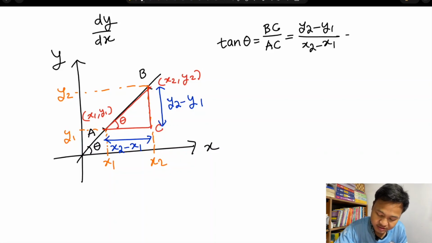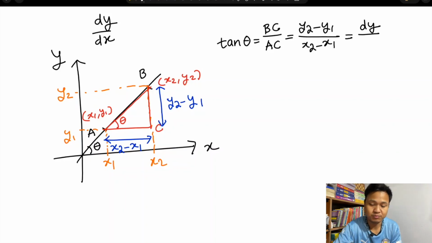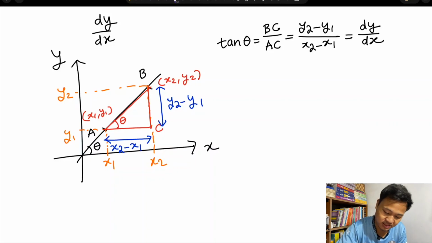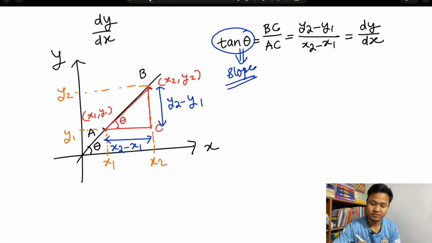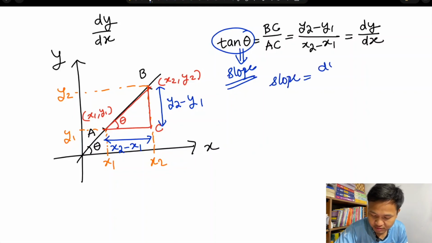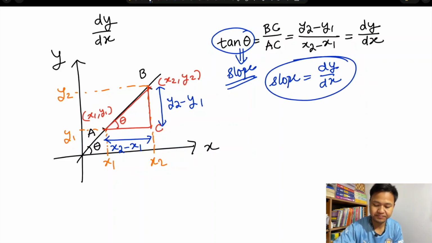Y2 minus y1 is the change in y, that is dy, and x2 minus x1 is dx. So the slope equals dy by dx. Basically dy by dx means the slope of the line in a y versus x graph.